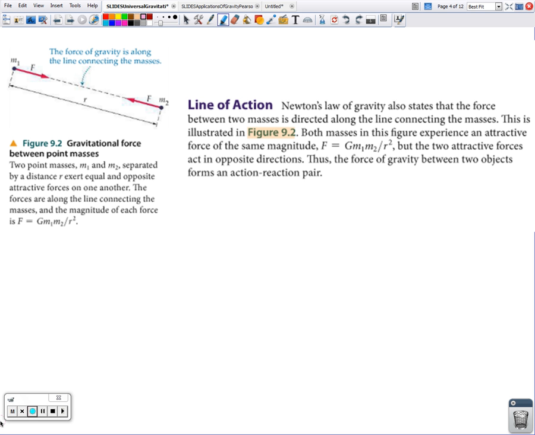It needs a pair to go with it. If gravity from the Earth pulls the ball down, action-reaction says that gravity from the ball pulls the Earth upward. That whole action-reaction idea. Now, just because they feel the same force doesn't mean that the same thing happens to them.